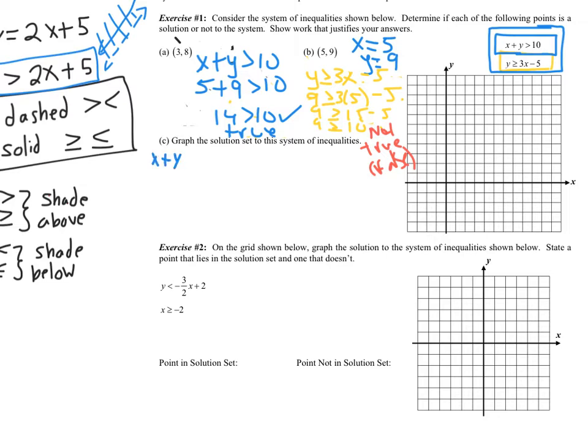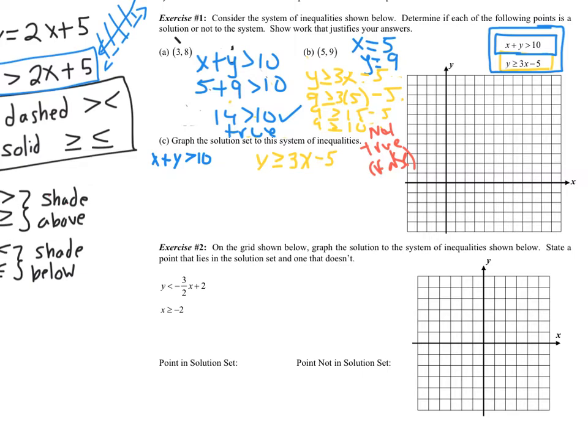So we have x plus y is greater than 10. We also have the equation y is greater than or equal to 3x minus 5. Next I'm going to figure out the slope, intercept, dash, dot, or shading for each equation.